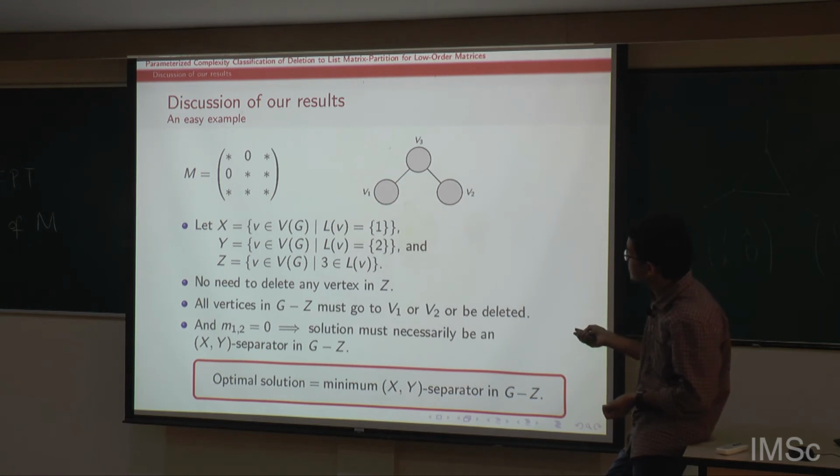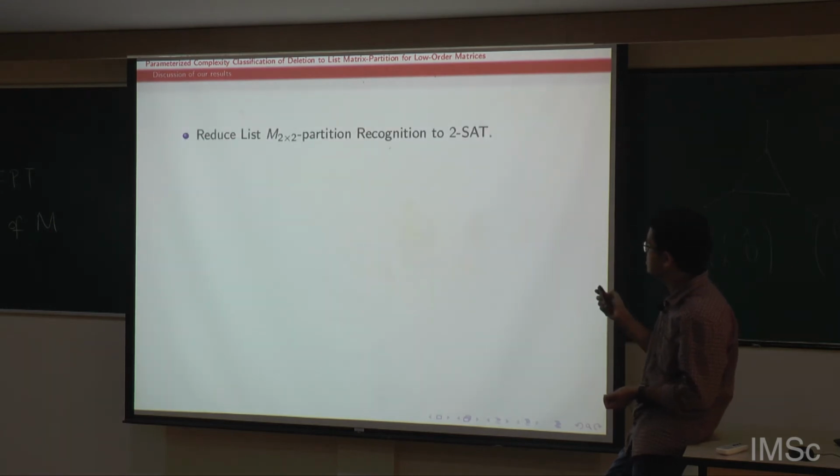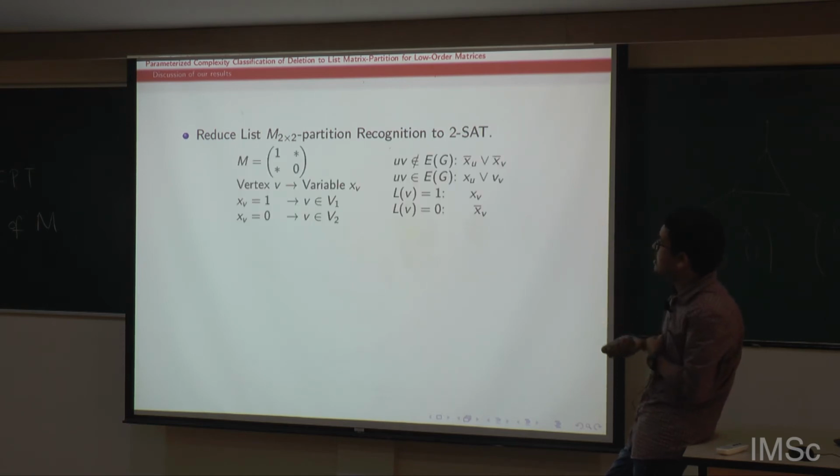Okay, now let's look at something I mentioned earlier. I told you we can reduce this to variable deletion almost 2-SAT. How do we do that? We can actually reduce the recognition problem to 2-SAT. So suppose this is our matrix, the split matrix.